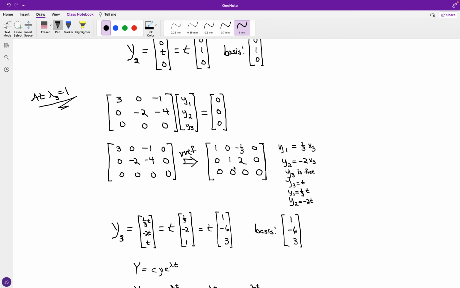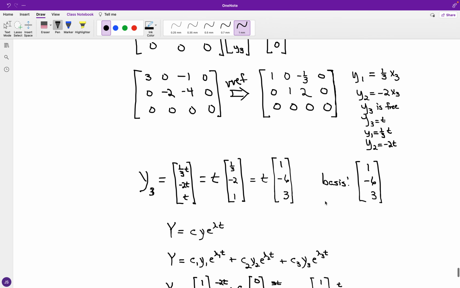Next row we have 0, 1, 2, 0, and this signals that y sub 2 is equal to negative 2 times x sub 3. There's nothing isolating y sub 3's representation, so this is going to be a free variable. If we let that be equal to t, y sub 1 is going to be 1/3 of t, and y sub 2 is going to be equal to negative 2t.